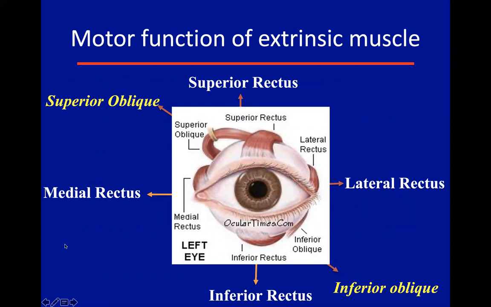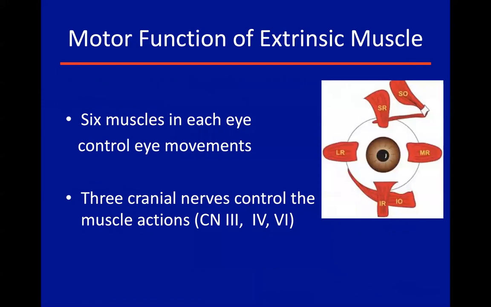So this is your left eye, as you can see, because here's your canthus. This is your nose here, and these are your 6 extraocular muscles. So the 6 muscles in each eye, they control the eye movement. So these are your muscles. They move your eye to the right, to the left, up, down, and diagonally.